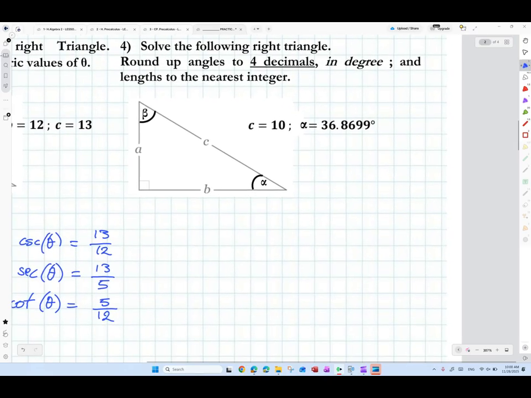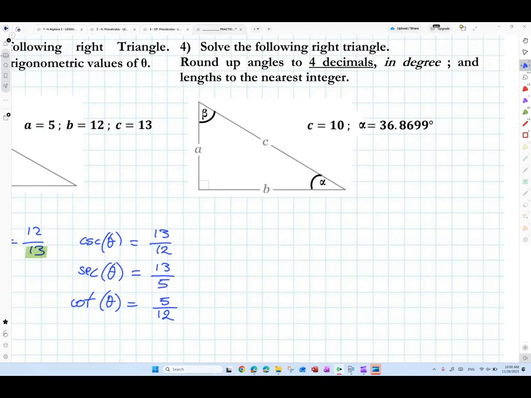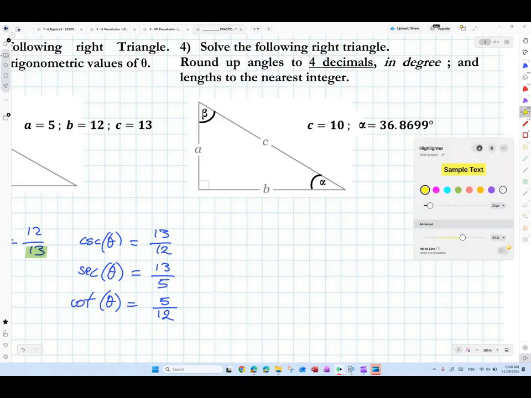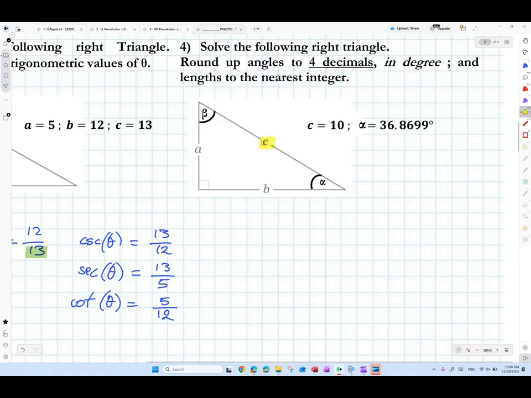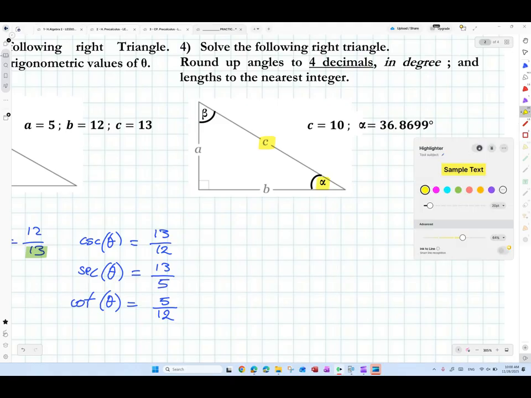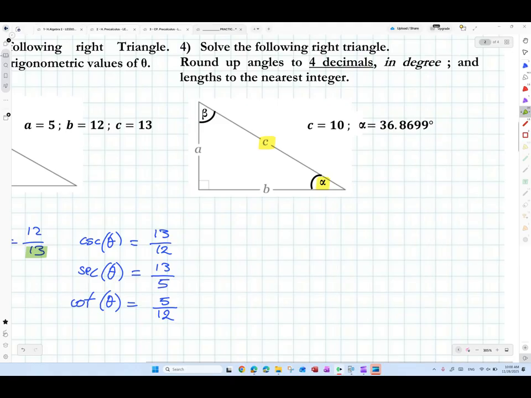For number 4, I need to solve the triangle. So the only data I have here is C and alpha. That means that I need to figure out how to get A, B, and the angle beta.